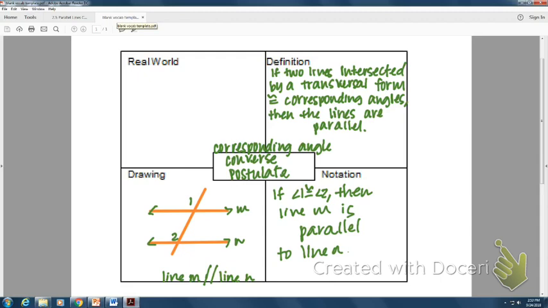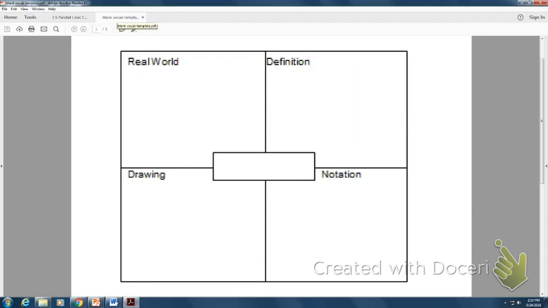Okay, next one, alternate interior angle converse theorem. If you want to abbreviate, you can: Alt, int, angle, converse theorem. Don't abbreviate if you don't know what the abbreviations mean. But alternate interior angle converse theorem.